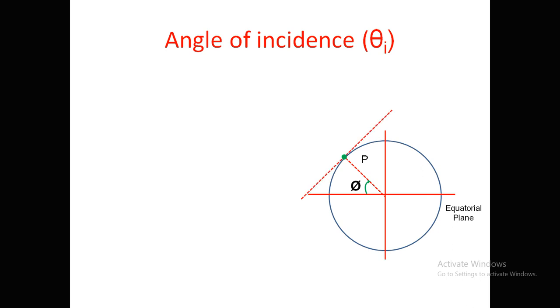I have drawn a tangent at that point, which is the horizontal plane; the tangent is a line, and the horizontal plane is a plane. This is my inclined surface which has the angle beta, as we have already discussed, and this is the normal to my inclined surface.